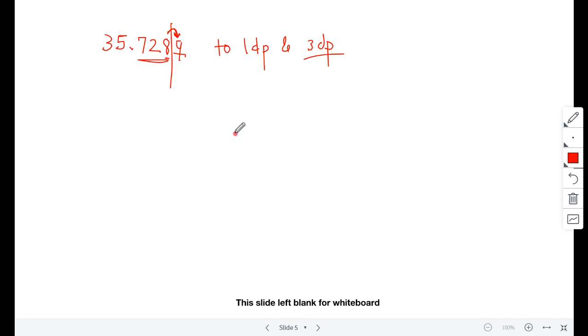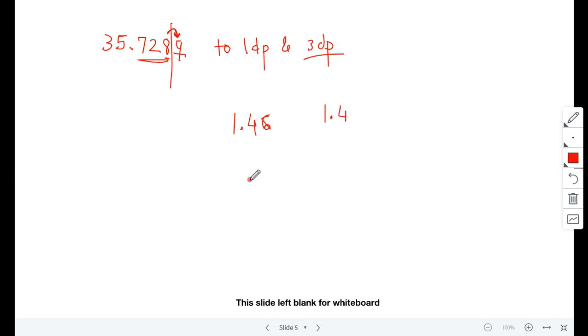So for example, if I write 1.4546 and it's given as truncate this number to 1 decimal place, your answer will be 1.4. Okay.